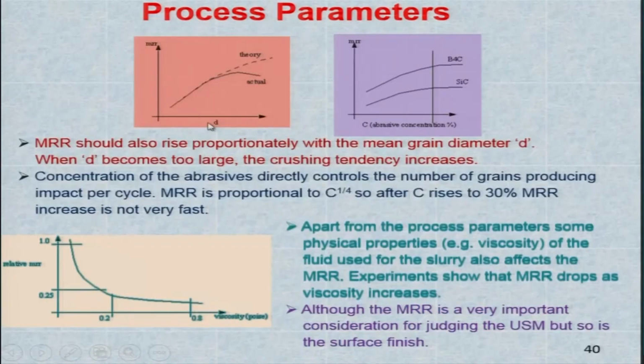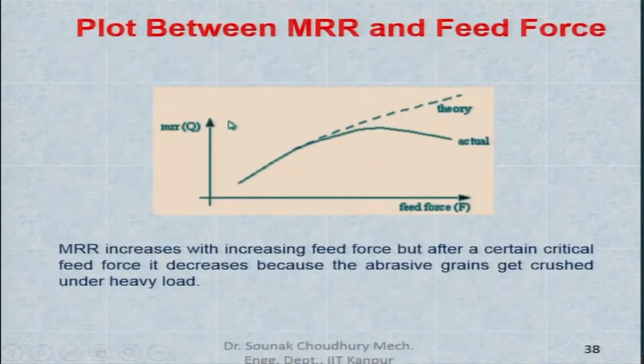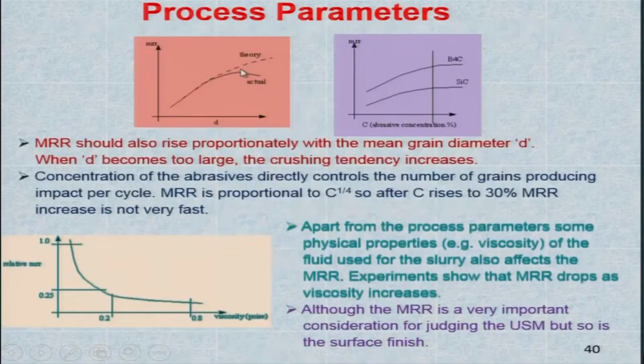Now, this I have already explained to you. With the diameter, MRR should also rise proportionally with the mean grain diameter. And this is similar to the feed force and the MRR. The reason is the same, that the grains get crushed. Crushing tendency increases.